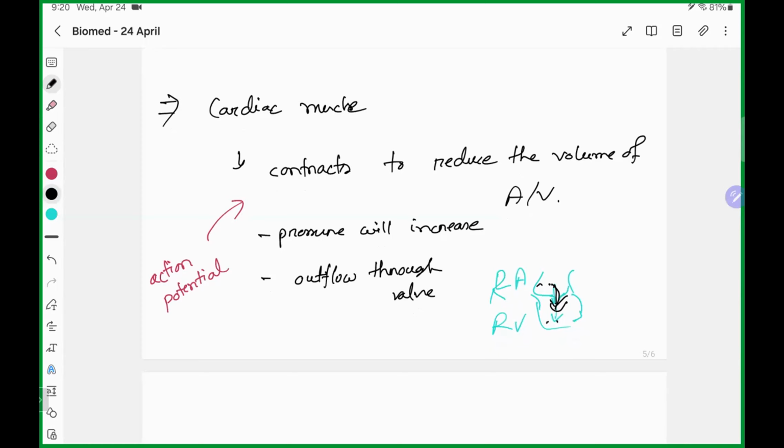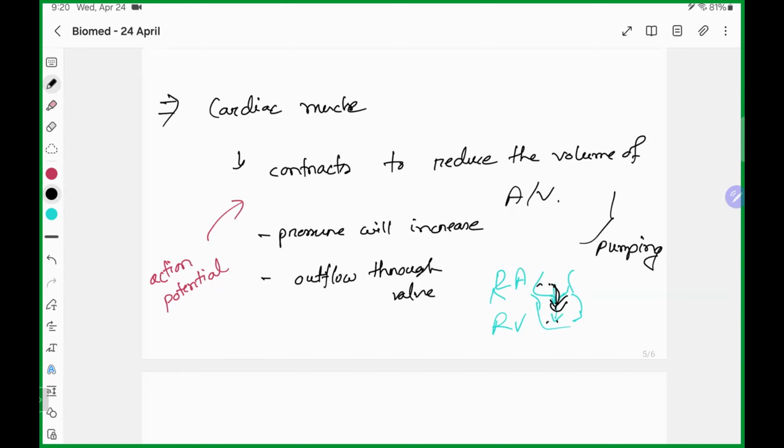Action potential is like an electrical signal that will kickstart this process. This is what we are calling the pumping process. When this action potential is created, it will pressurize the atrium and allow the blood to flow from atrium to ventricle.